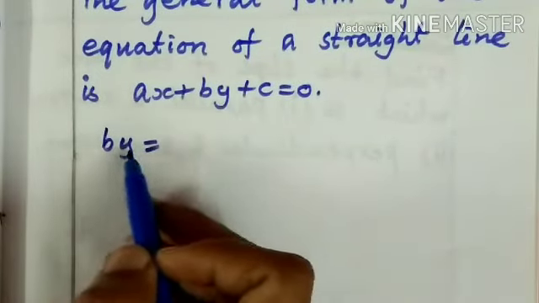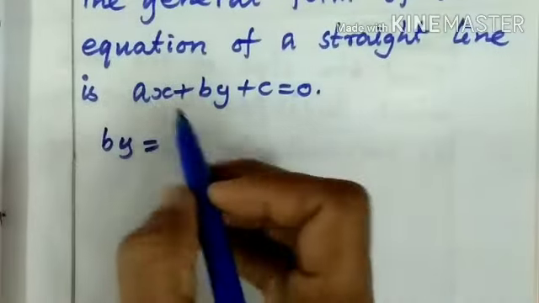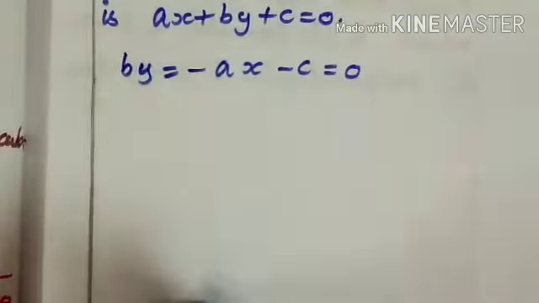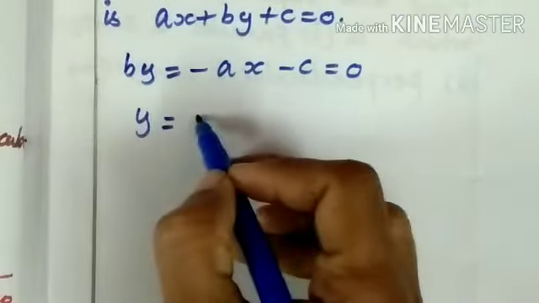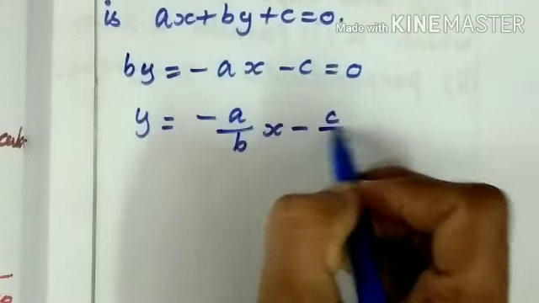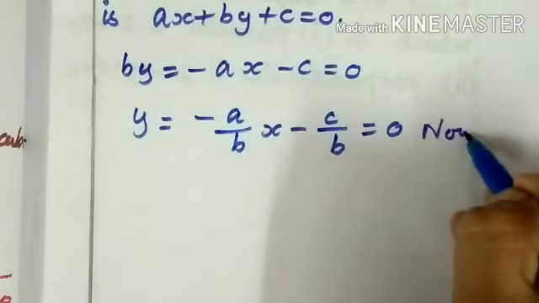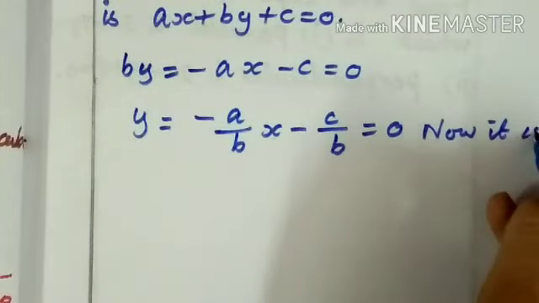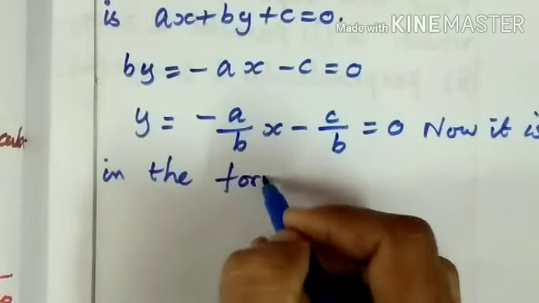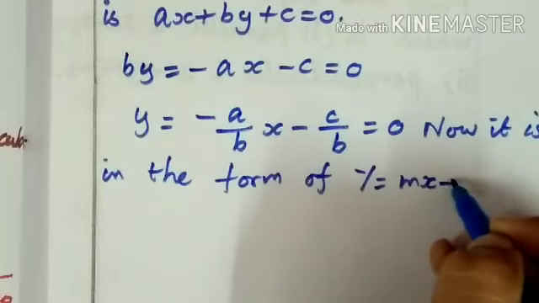So, I write by is equal to, transposing the x term and constant term to the other side, we get minus ax minus c. Then y is equal to minus a by b x minus c by b. Now it is in the form y equal to mx plus c.